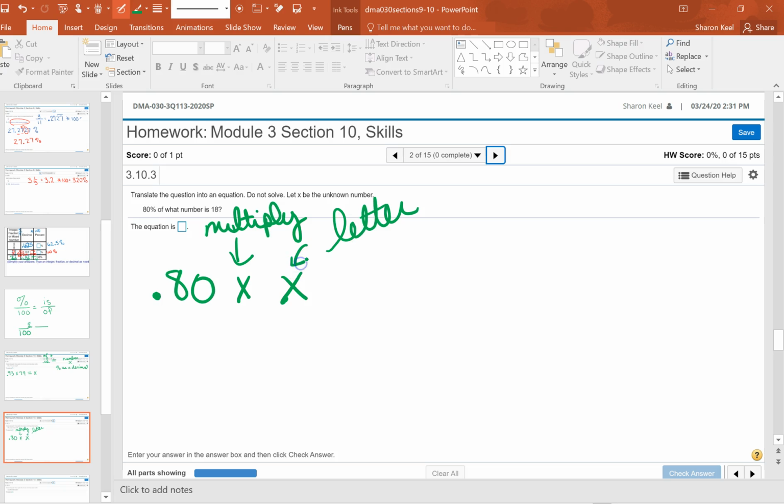And the is: the letter X is 18. When you're typing it in using the keypad, make sure this is the marker that's used for the multiplication sign to multiply, and that is represented with the letter X.